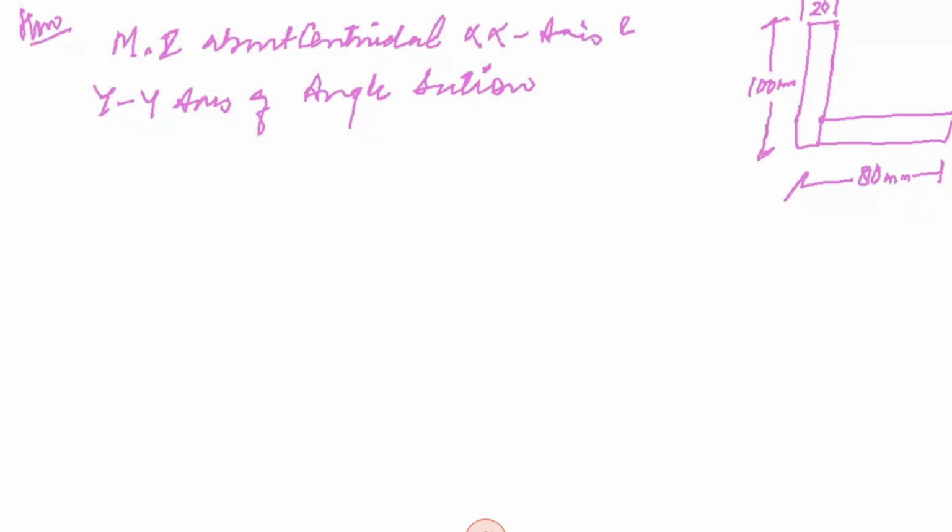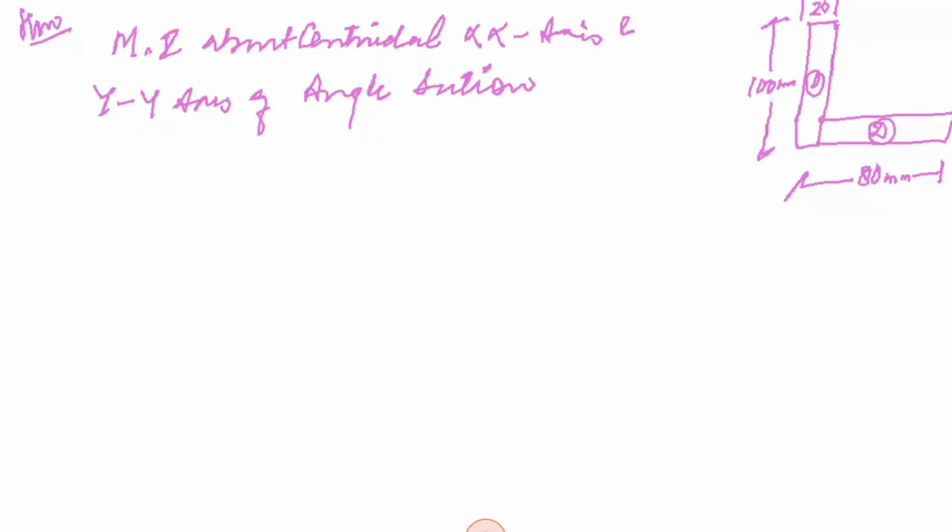Firstly, when you are calculating the moment of inertia in x-axis, you will check for rectangle 1, and then rectangle 2, and you will sum both the moments of inertia, but about the x-axis, not about the centroidal axis.